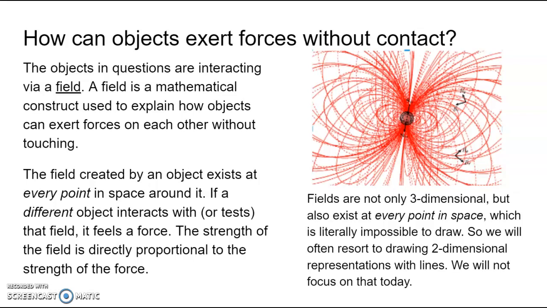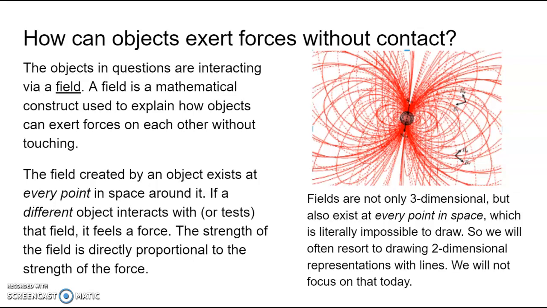Basically this field exists at every single point in space around whatever we're analyzing. If we're analyzing a charge, at every point in space around that charge, there is a field that's created by this charge. When another charge interacts with this field, it's going to then feel an electric force. We can say the same thing for the gravitational force as well.